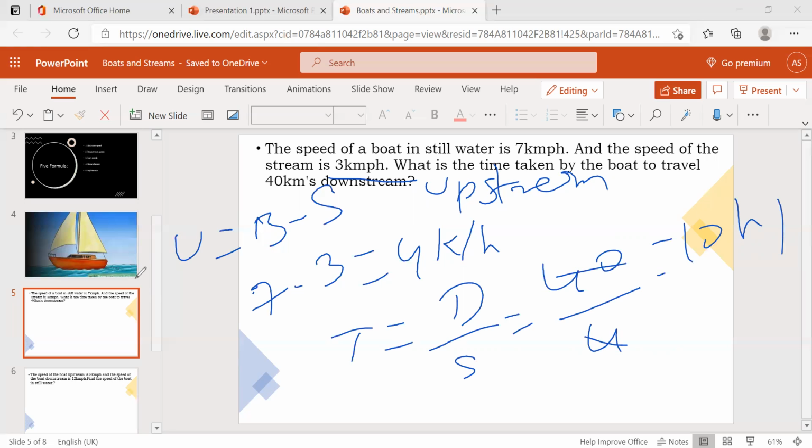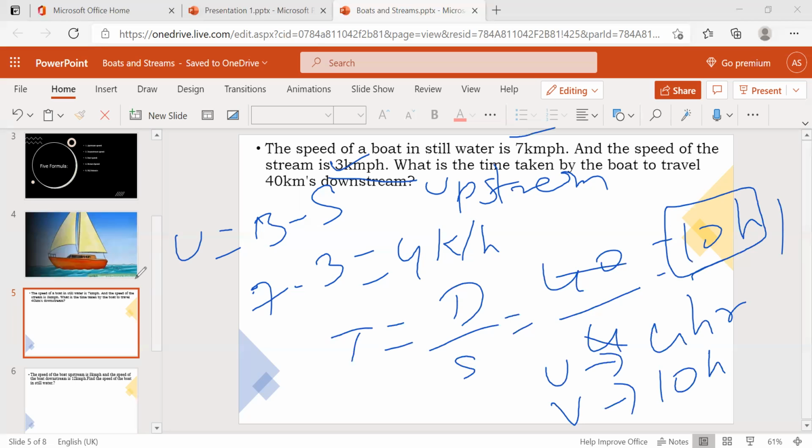See, the distance is the same, the boat speed is the same and the still water speed is the same, but in downstream and upstream the time changes. Why does the time change? Upstream speed is reduced to 4 kilometers per hour, while downstream speed is increased to 10 kilometers per hour. This is the difference in the time.